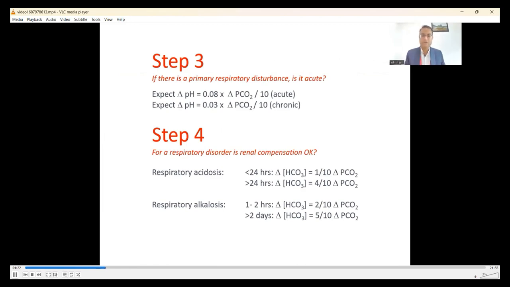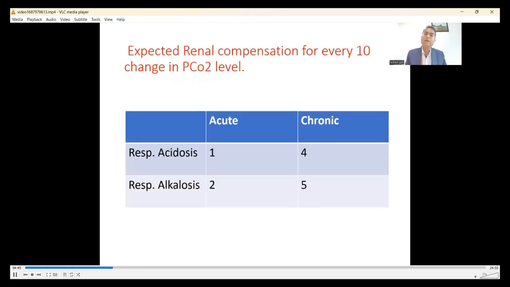Coming to step 3, once we have identified that the primary problem is a respiratory disturbance, we need to see whether it is acute or chronic. Acute means the problem started a few hours or few days ago, but a chronic problem like COPD has been there for weeks or months. After that, we should see whether the kidneys have started compensation or not. For the compensation, we need to calculate the expected bicarbonate level.